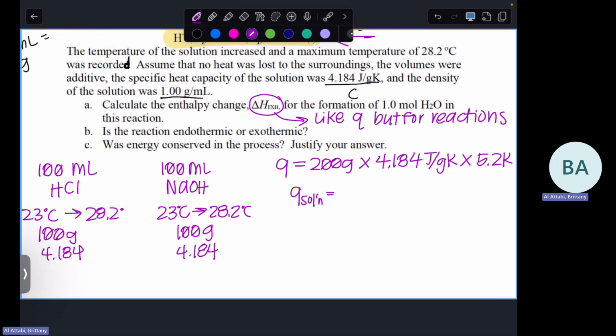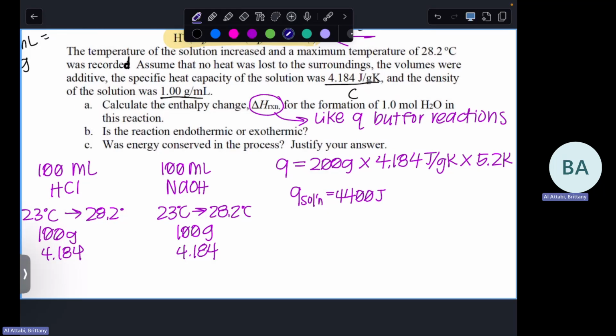Who said it? Final temperature minus initial temperature. Yep. So my solution, and I'm going to round it, gained 4,400 rounded joules of energy.